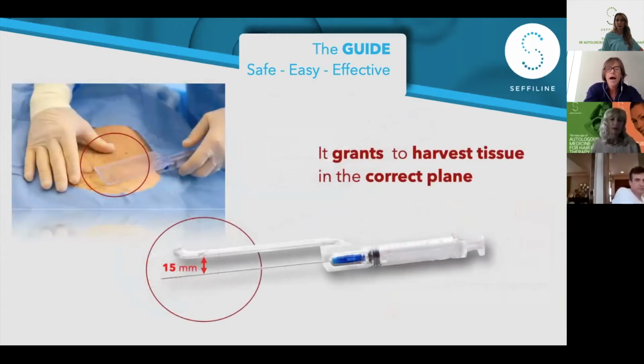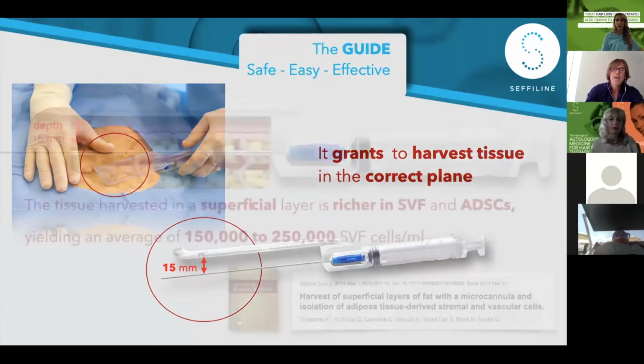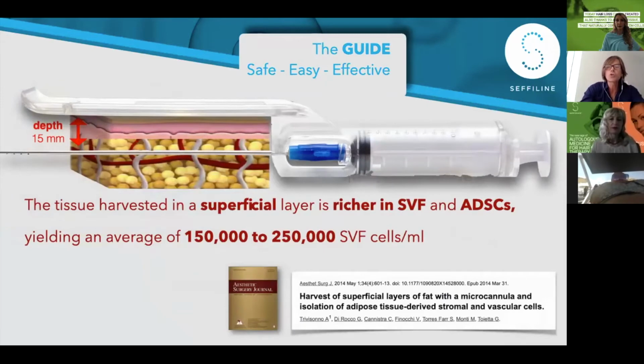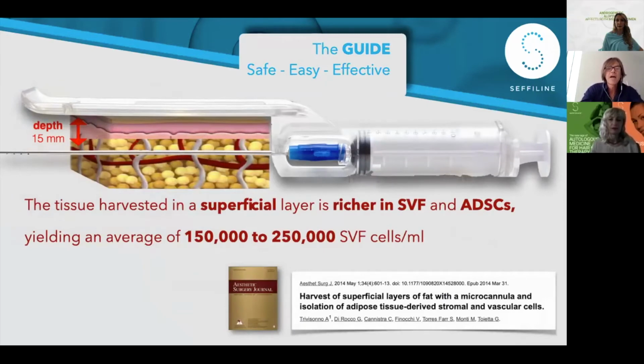Moreover, after you insert the cannula under the skin, the guide ensures you harvest the tissue in the correct plane. And which is the correct plane? The most superficial possible, because there are studies that proved that harvesting tissue in the superficial layer yields an average of 150,000 to 250,000 stromal vascular cells per ml.